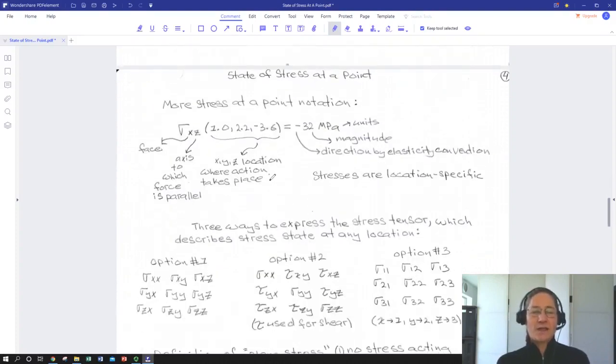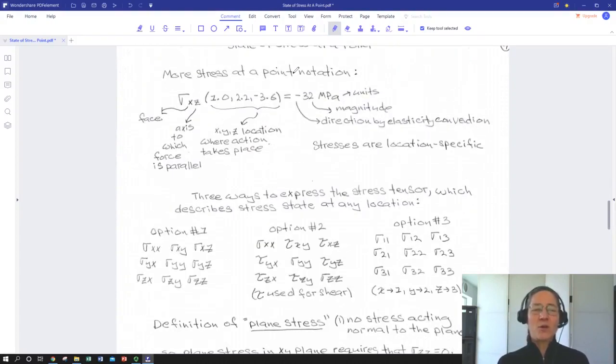So here's a general, complete stress at a point notation. So you'll have a sigma, meaning stress, as opposed to strain. You'd have a little script e if it was strain. The first subscript is the face. The second subscript is the axis to which the force is parallel, so which direction the force is pointing. You might have a point of application, so you'll have parentheses with a point location. So in this case, you have the stress on the x face in the z direction at point 1, 2.2, negative 3.6.